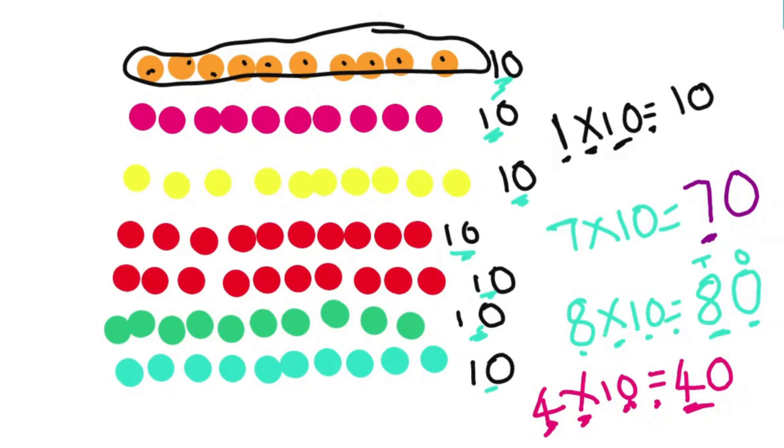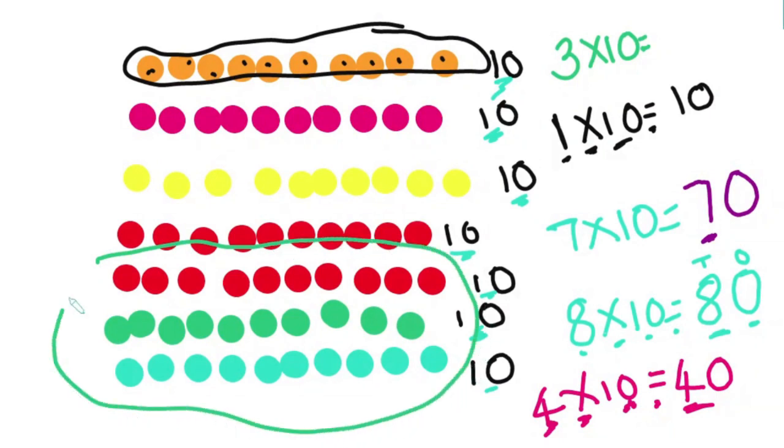And I'm going to ask you one more. I know I'm challenging you today. What is 3 groups of 10? What do we already know? Let's circle 3 groups of 10. So this is 3 groups of 10. 10, 10, and 10.